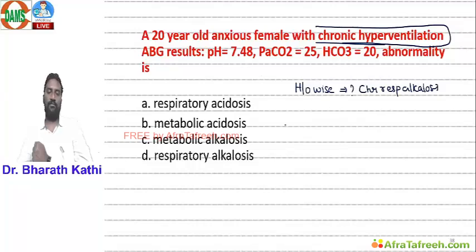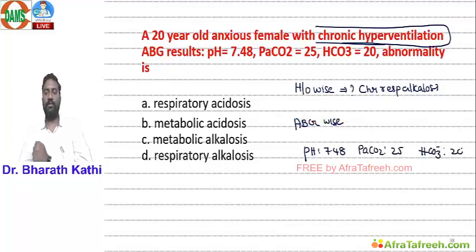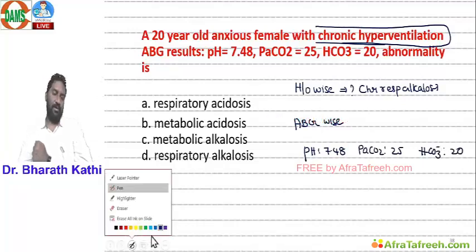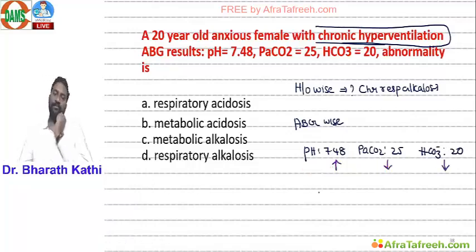Once try to correlate this ABG wise. ABG wise, what are the parameters? pH 7.48, PaCO2 25, bicarbonate 20. Quickly draw arrow marks. pH increased, PaCO2 decreased, bicarbonate decreased.